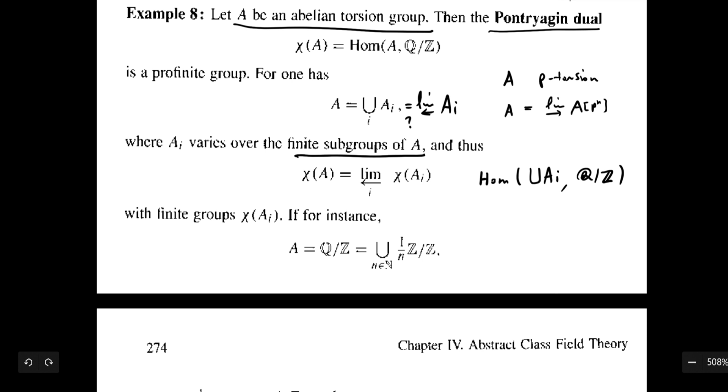We have to define it for those that have inclusion.